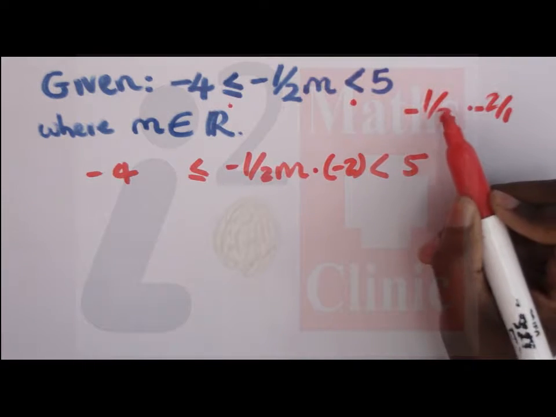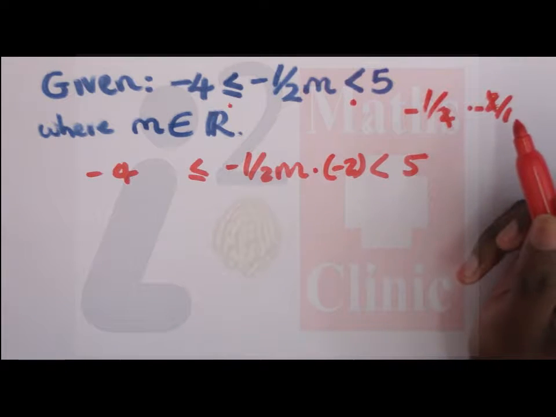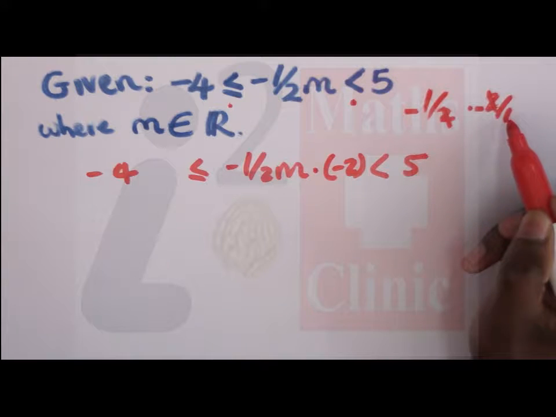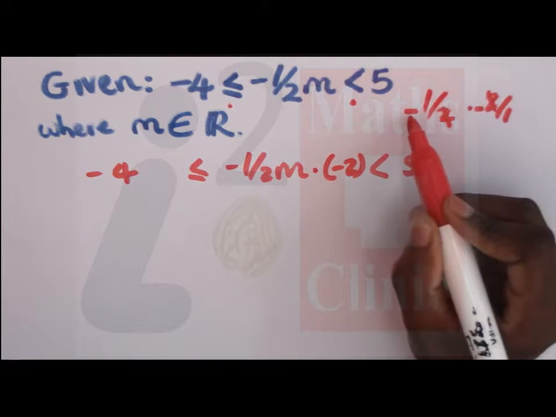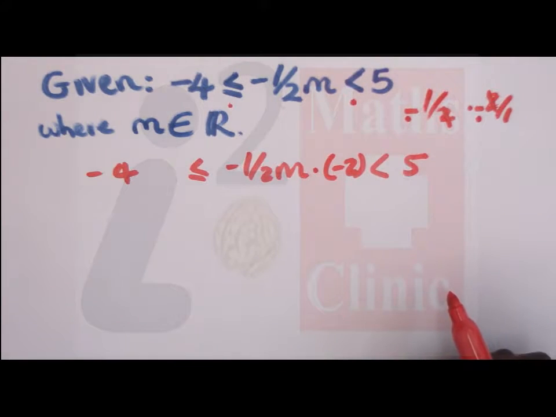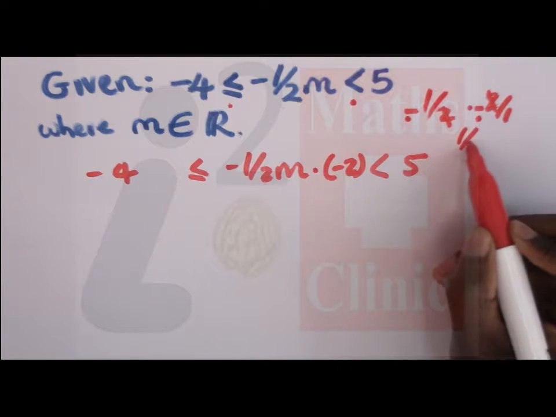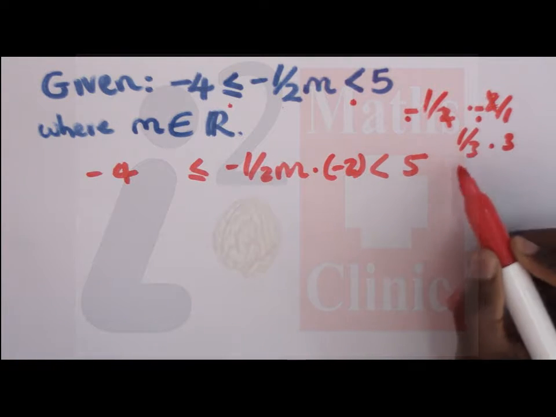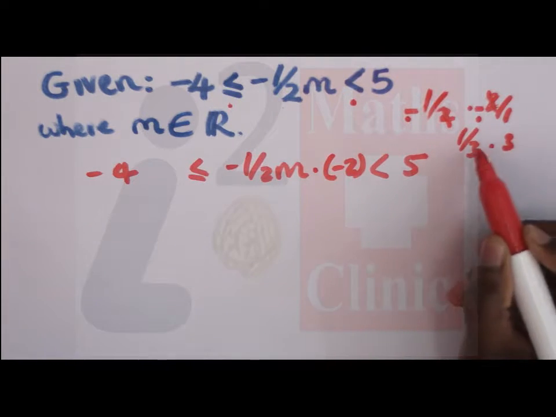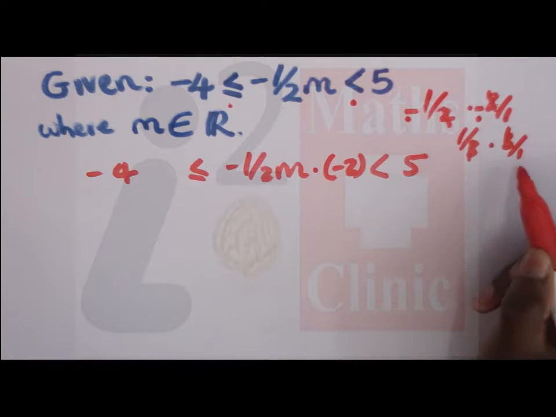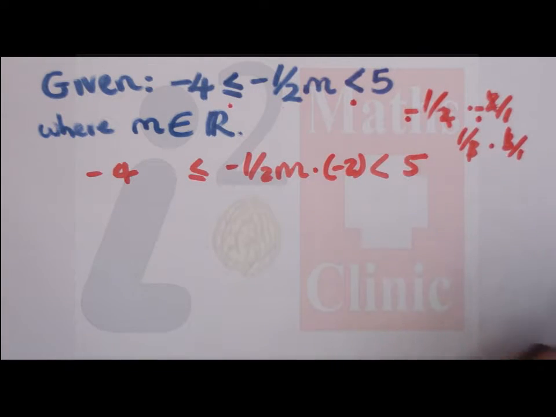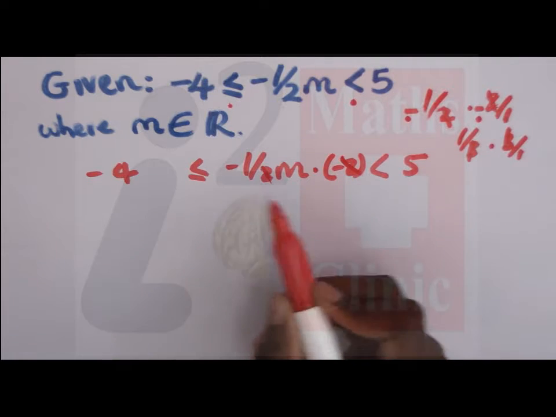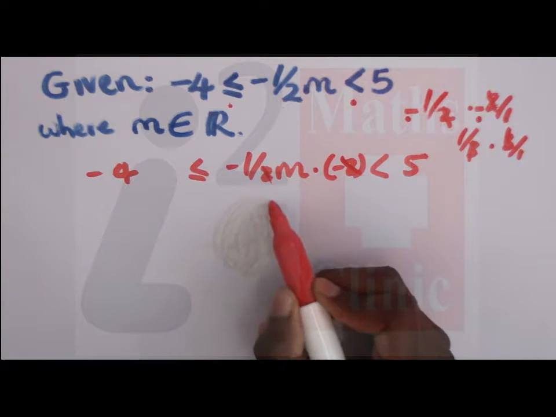Multiplying by the multiplicative inverse cancels, so we get positive 1: negative 1 times negative 1 is positive 1. For example, if we had 1 over 3, we would multiply by 3, because 3 is its multiplicative inverse, and it cancels to give 1. So we end up with positive m.